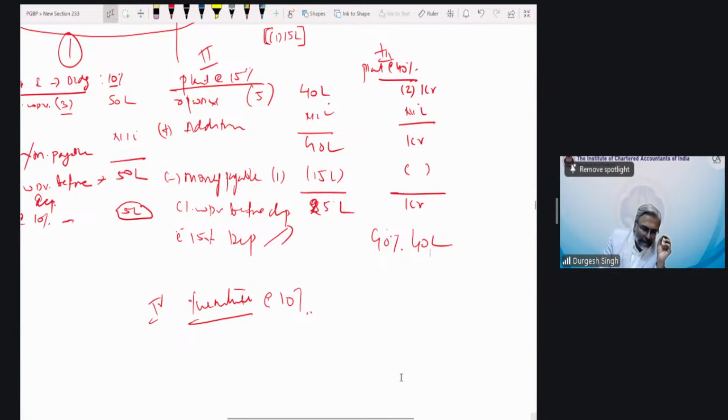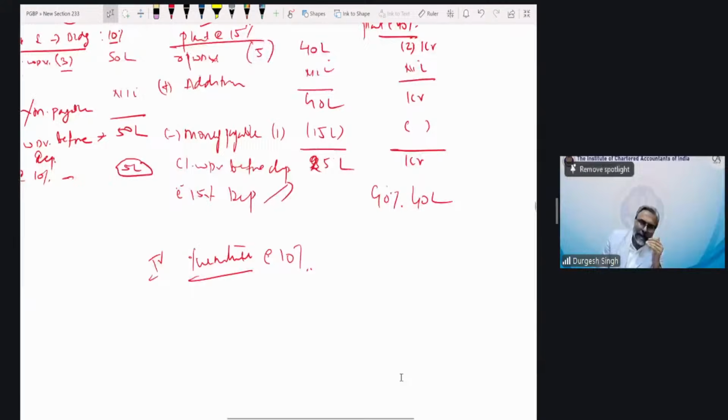Now students, just pay attention. Next line you write: in the above case, the PGBP for tax year 26-27 shall be calculated for each source separately.